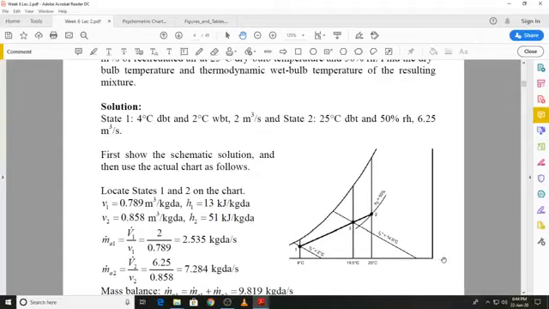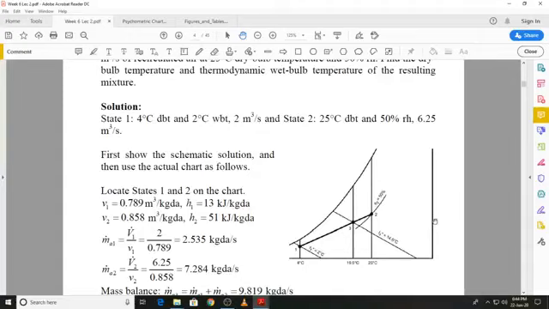I'm saying sketch it. Do not directly go to the psychrometric chart, but first sketch it. Make sure you label it properly, which state you are representing as state 1, which is being represented as state 2. It's up to you, but it should be clearly identified on your sketch. Once you have done that, then you can go on to the psychrometric chart and find out the actual values.